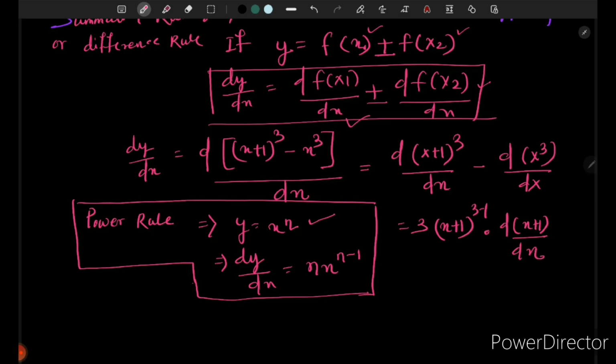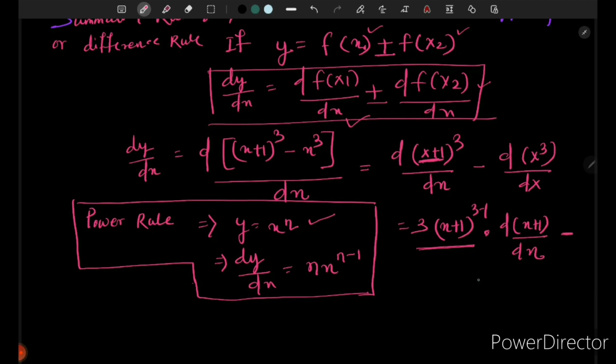Okay, since this is not a single term, so only x is not here, so I have to find out the derivative of the whole function like this. Then we have to find out the derivative of the inner function, that is x plus 1. Then again here minus is there, so I'll put minus here.